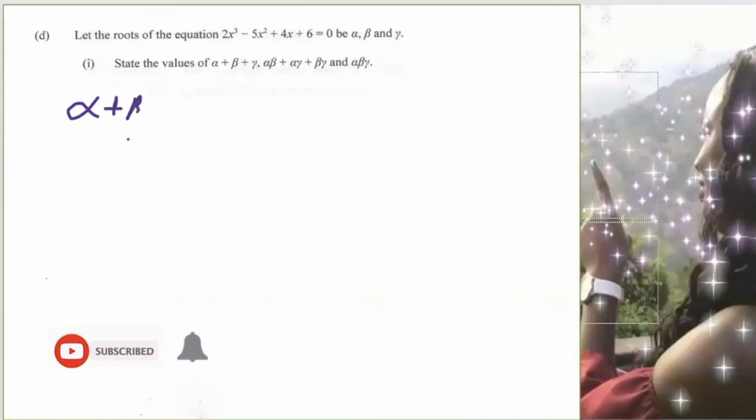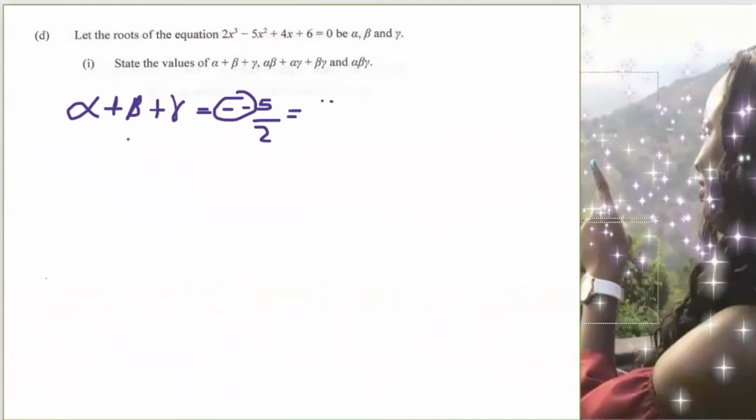Now, for alpha plus beta plus gamma, we are going to use the above to find the answer. It will be negative minus 5 over 2. So negative and negative, that's positive. So I'll have 5 over 2.